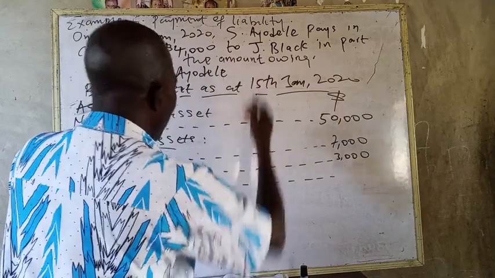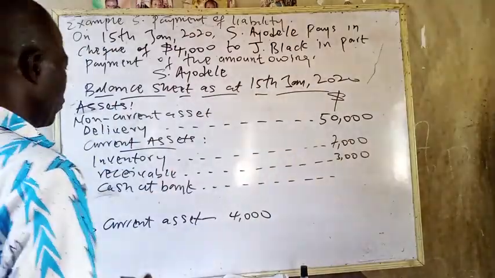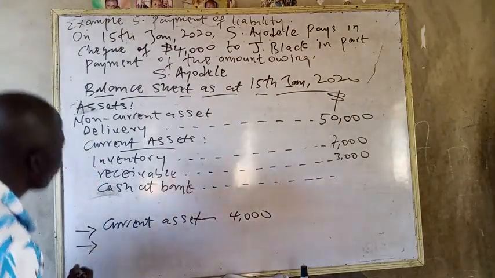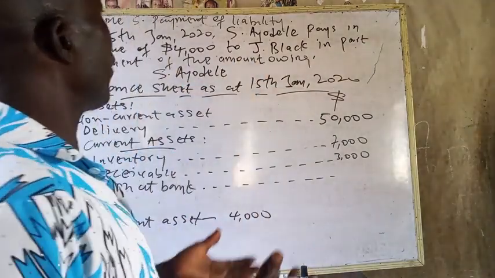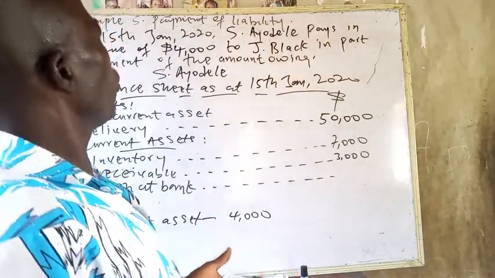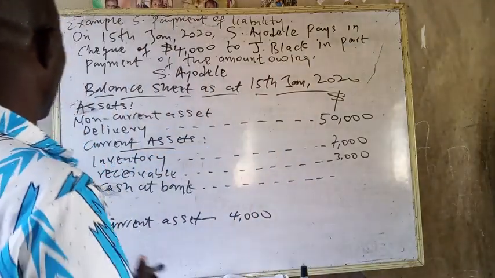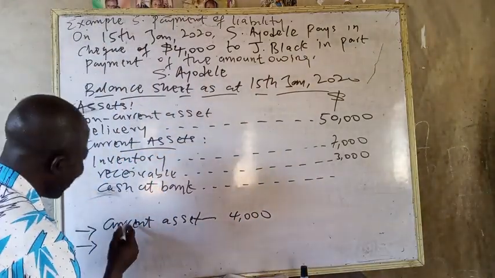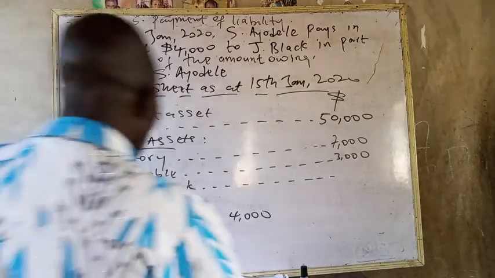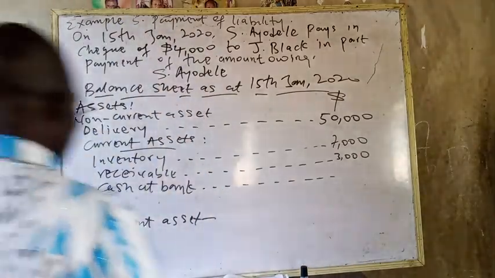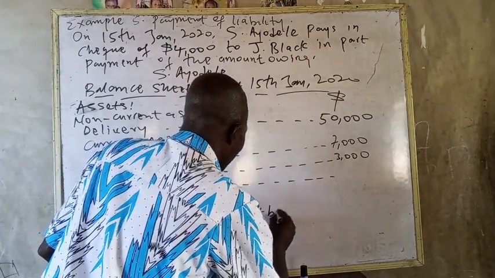How much are we going to pay now? We are paying $4,000 to J Black. Who is J Black? That is our creditor, who supplies us goods that we have not paid for. Under current assets, you have it at cash at bank.